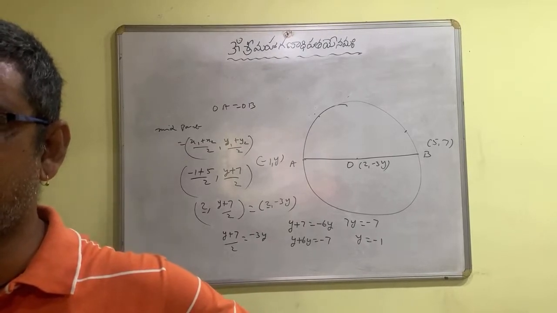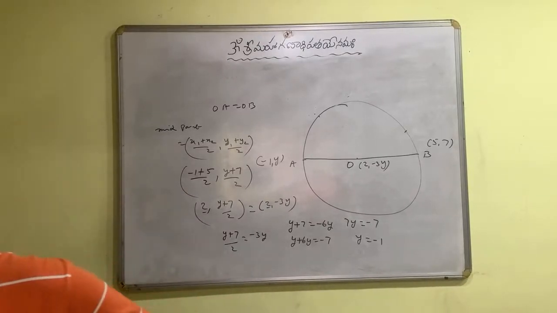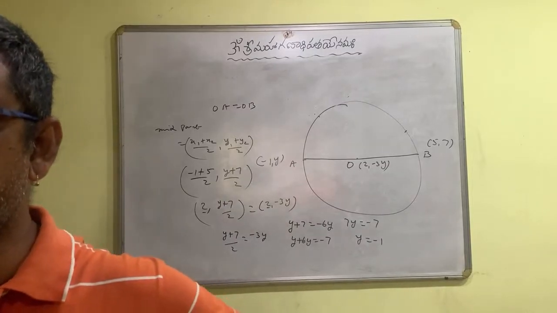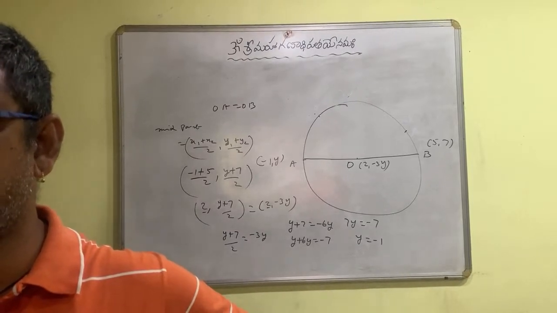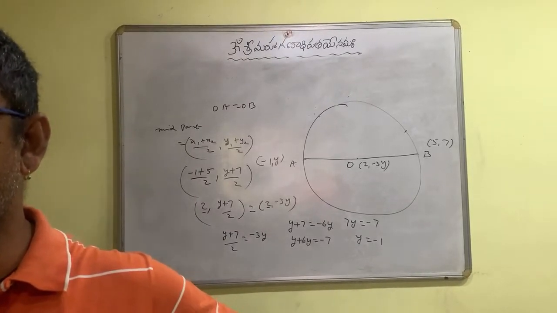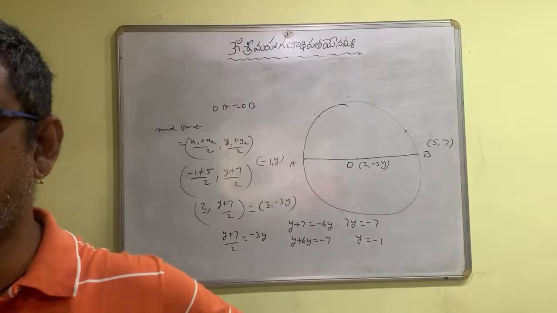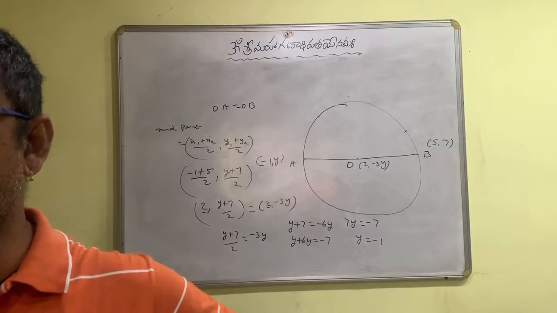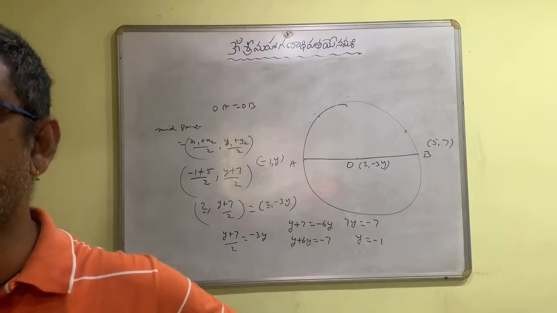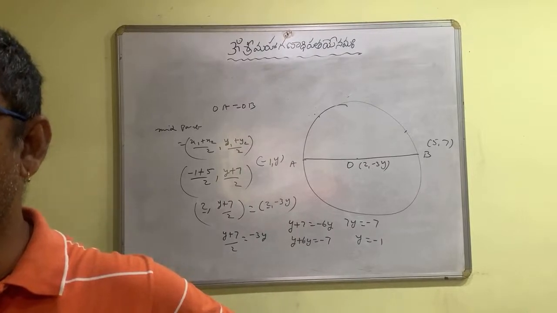24 students have joined from 10A out of 42. Now 10B, I need to count. 10B, type your names. 1, 2, 3, up to 24.